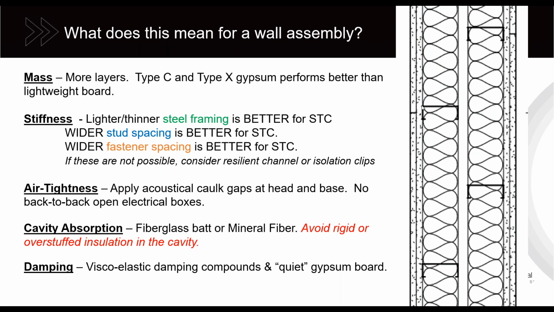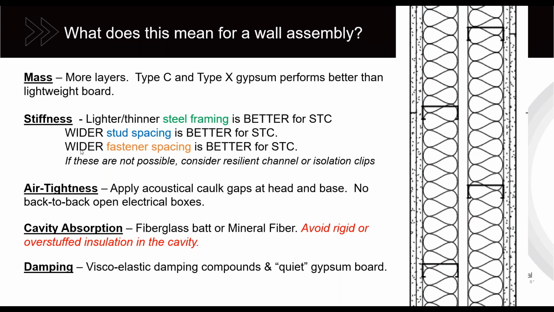So with the same gypsum board on both sides, the same insulation in the cavity, and the same spacing and fasteners, you could range from STC 50 on a single layer gypsum board wall with really favorable framing conditions, down to STC 36, 37 on the same gypsum board, the same materials, but more rigid framing.